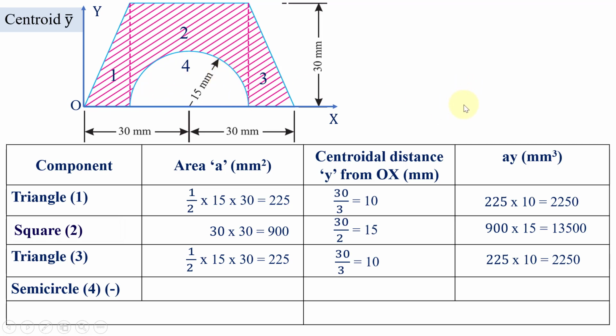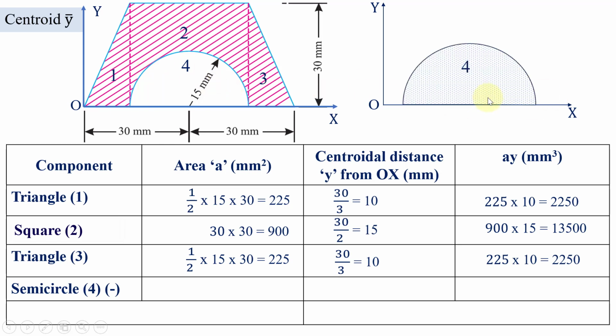Okay. So let us consider the reference axes is OX and OY, and consider this semicircle here, and the radius is 15 mm. So first let us calculate the area of the semicircle, which is pi r square divided by 2.